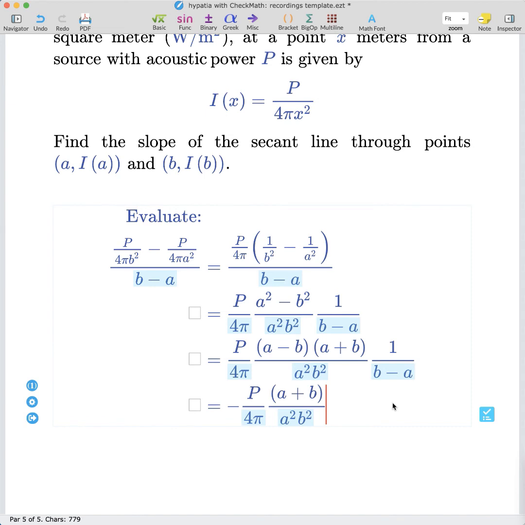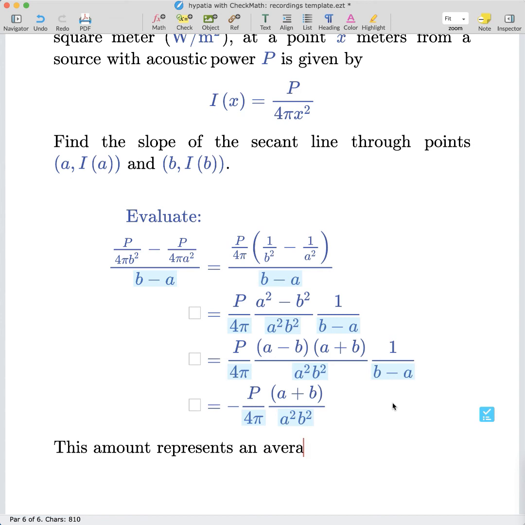All right, this is a sufficient answer. It's simplified. Now we can just go ahead and write a little written response to the question. So we'll write, this amount represents an average change in the sound intensity over the interval AB.